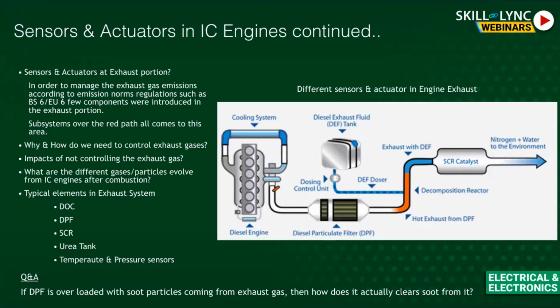After this mixing, it will go to the SCR catalyst, selective catalytic reduction. What exactly does that mean? That complete operation, whatever happens, happens in the SCR only. And the output of this SCR catalyst is nothing but nitrogen plus water to the environment.